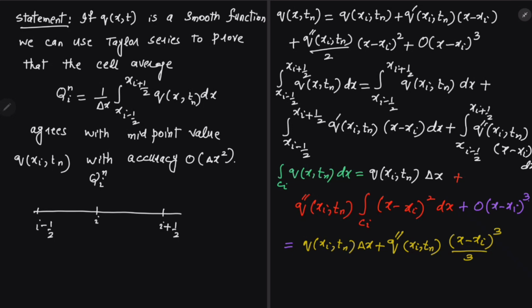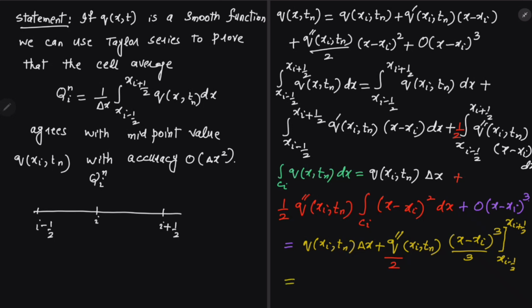And remember one thing, I missed it over here. This is Q double dash divided by 2, it should be divided by 2. So I can write 1 by 2 outside, and here again I have 1 by 2, and then again we have 2. Then we apply the lower limit and upper limit, xi minus 1 half and xi plus 1 half.